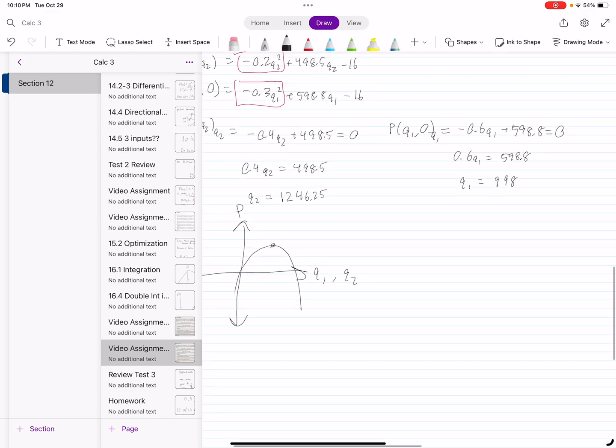So you can be sure that both of these points right here, or the points 0, 1,246.25 and, I misspoke, 998, 0 are both global maximum at the boundary.